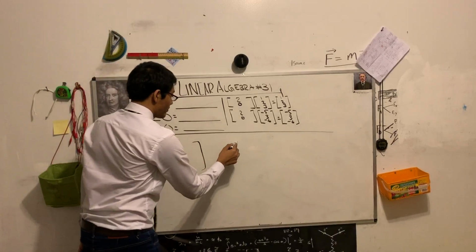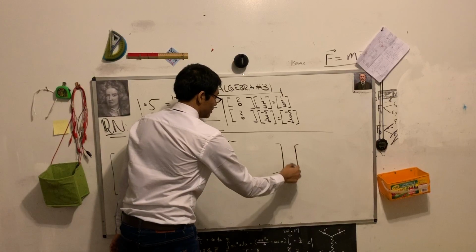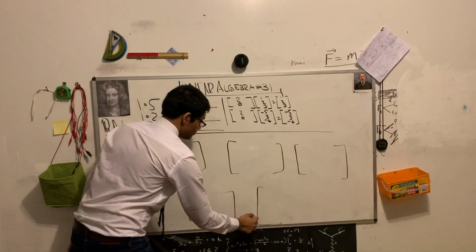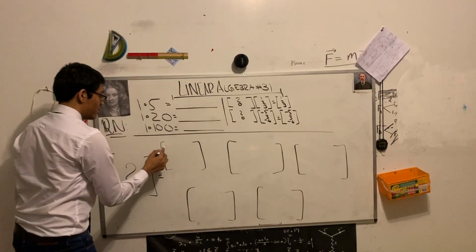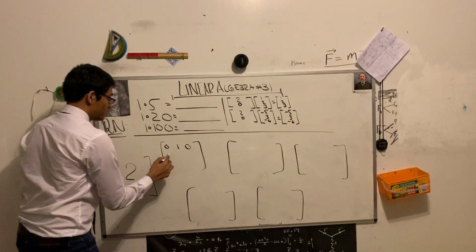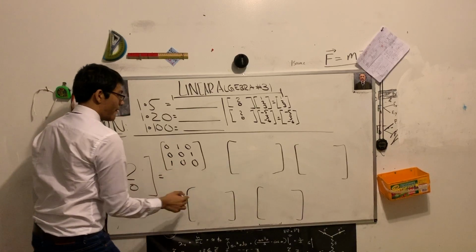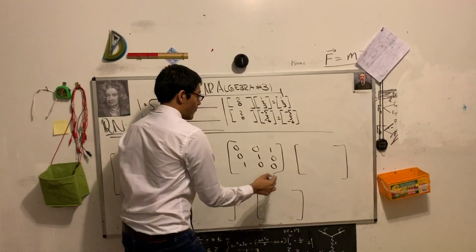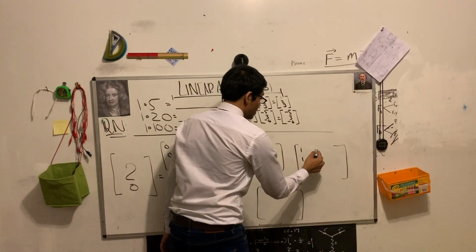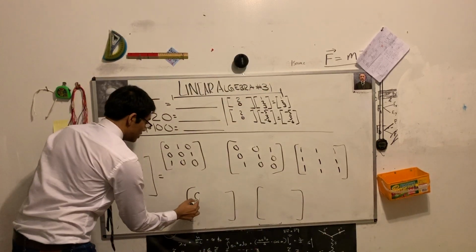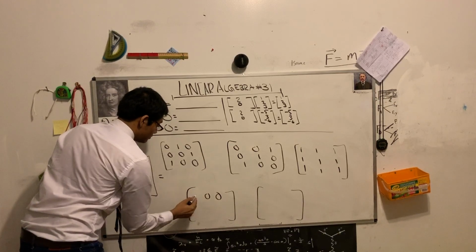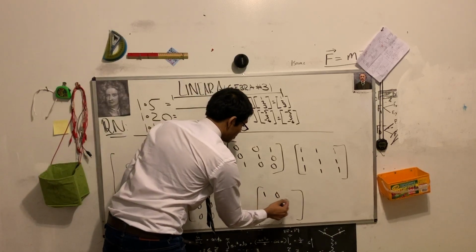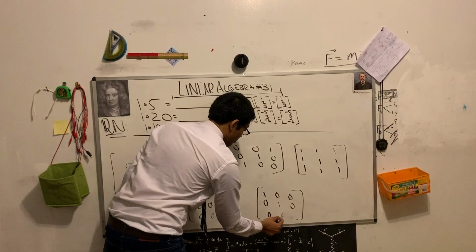I'll give you 5 choices. The first is 1 by 1, then 1 by 3 with some numbers, and then several 3 by 3 matrices: 0, 1, 0, 0, 0, 1, 1, 0, 0; 0, 0, 1, 0, 1, 0, 1, 0, 0; all 1s; all 0s; and 1, 0, 0, 0, 1, 0, 0, 0, 1.